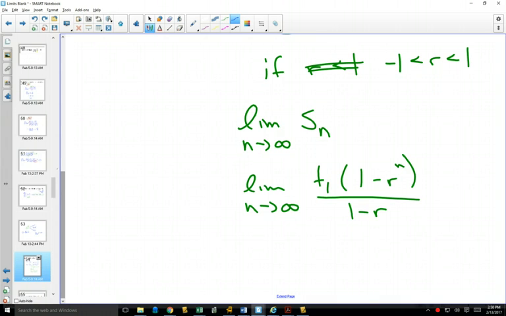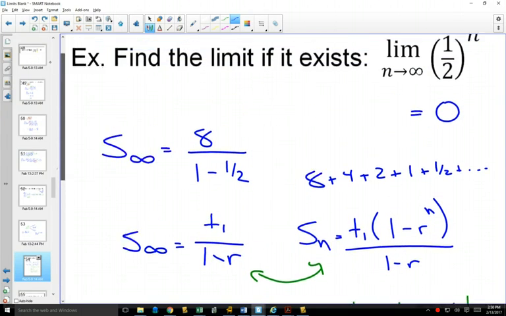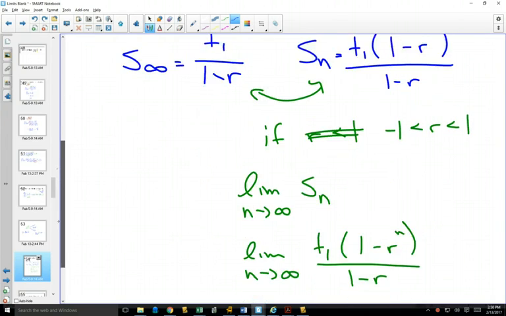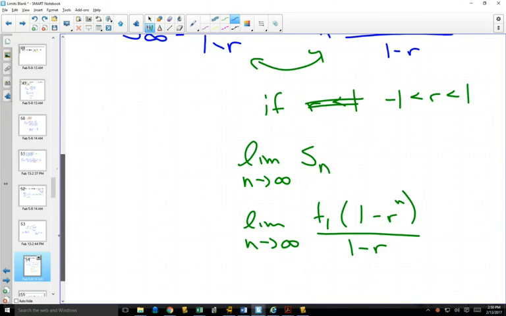If r is a small number, like a half, what happened to a half to the n as n gets really, really big? It goes to 0. So this part right here, as n gets really, really big, went to 0.